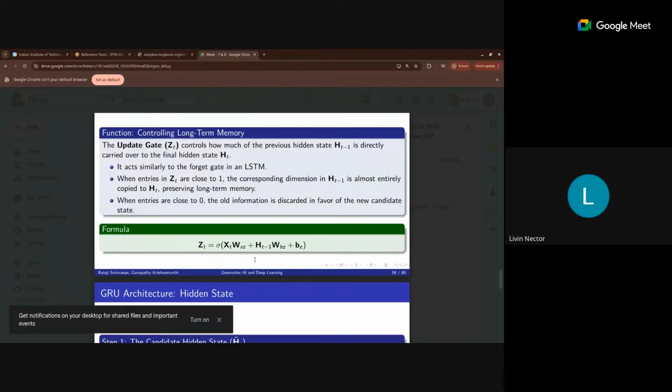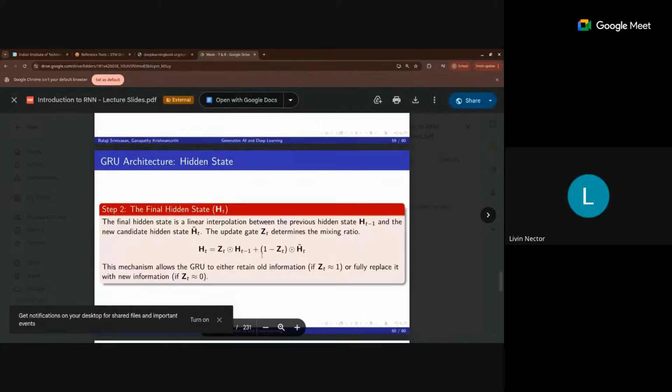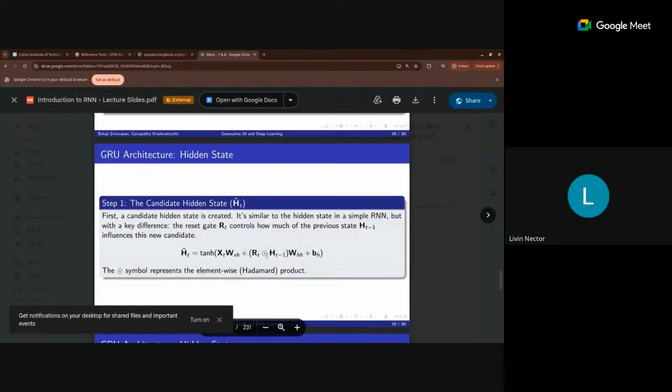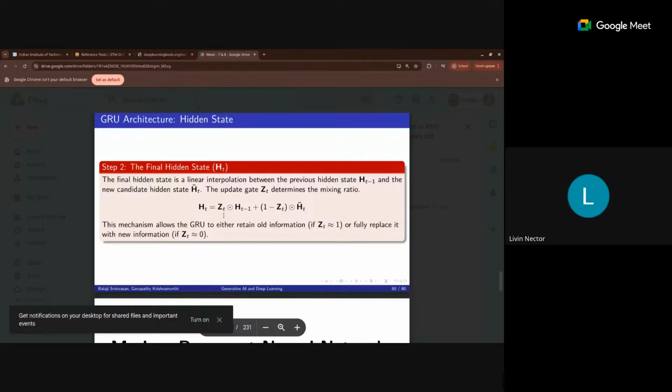And this gate controls how much to remember from the previous hidden state. This one controls how much to mix both the current hidden state and the previous hidden state. It is a mixing ratio. Is that clear?